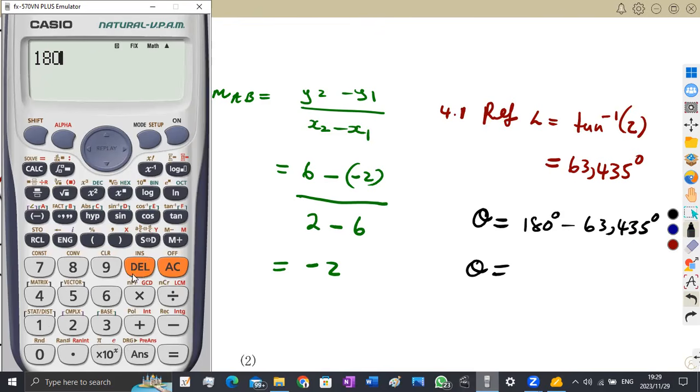All right. In fact, I've already removed this. Let me just redo 63.435 like that. All right. So this is going to give us the angle, which is now the exact angle that we want, which is 116.565.